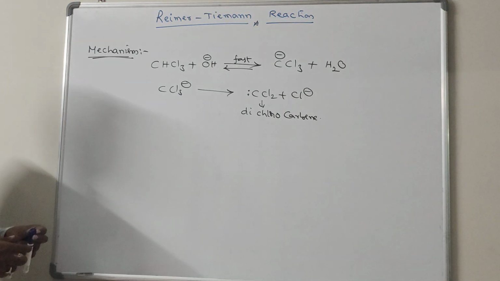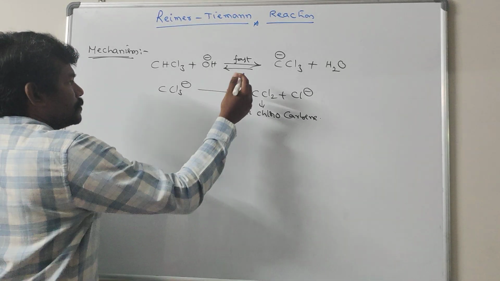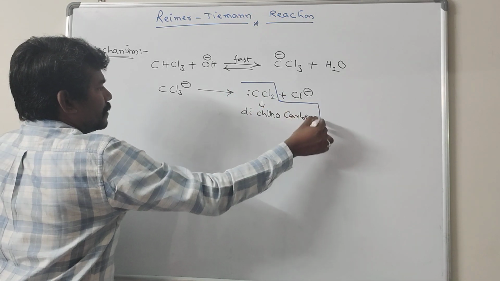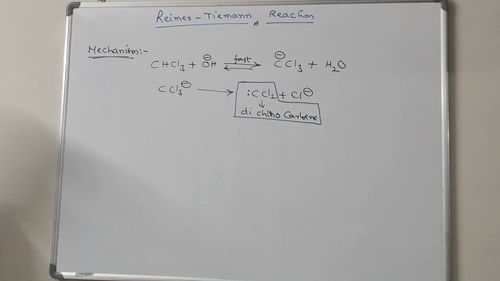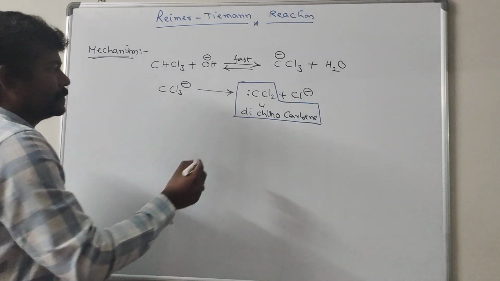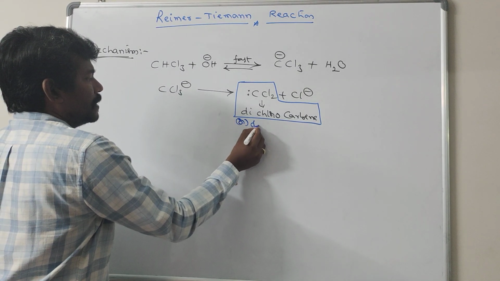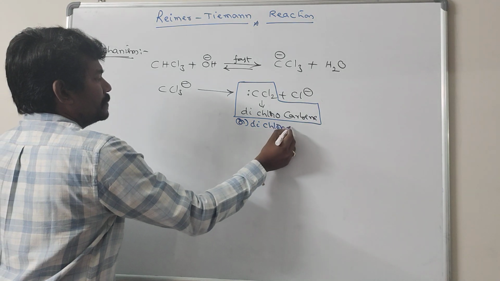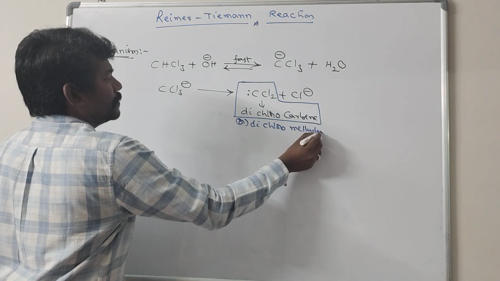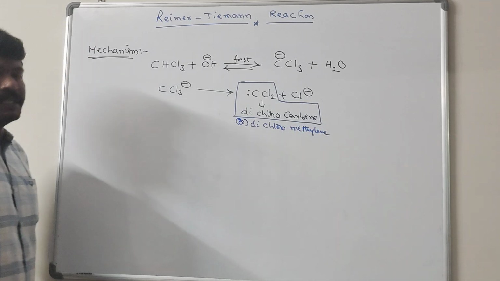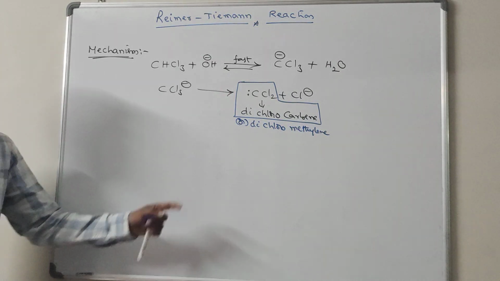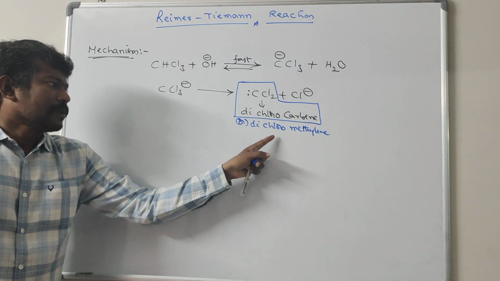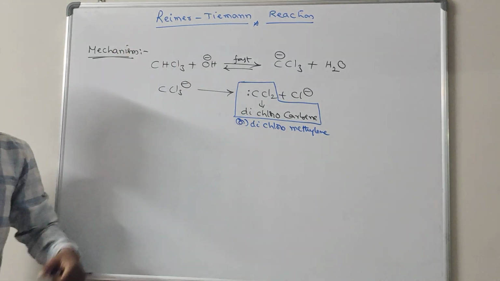It was asked in the 2018 NEET paper: the reacting species in the Reimer-Tiemann reaction. So CCl2, or dichlorocarbene, or dichloromethylene, is the reacting species in the Reimer-Tiemann reaction.